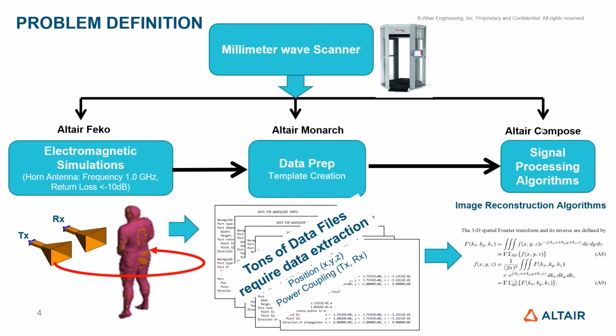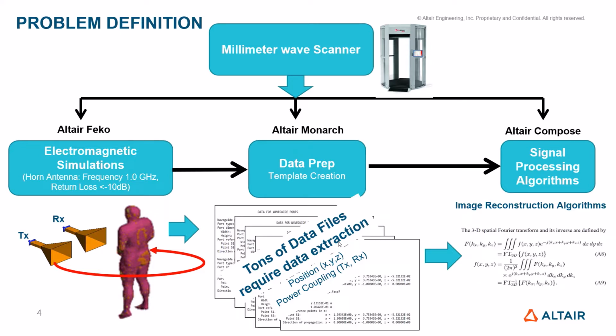Then we have Altair Compose, which handles signal processing and image reconstruction algorithms. Once the data is available in a streamlined fashion, we can use the signal processing algorithms to process the data.